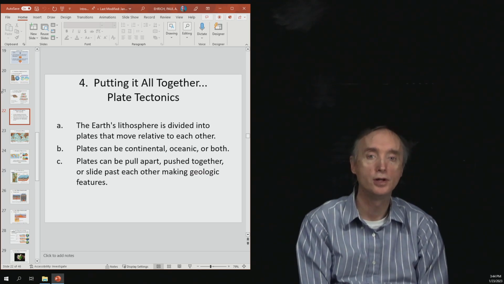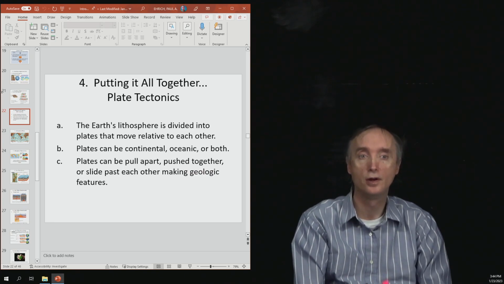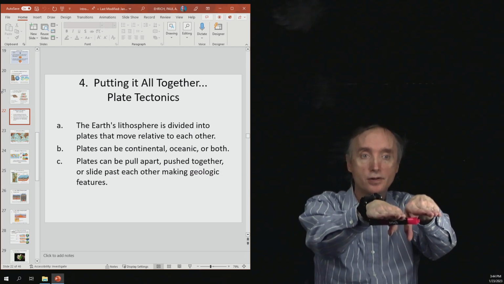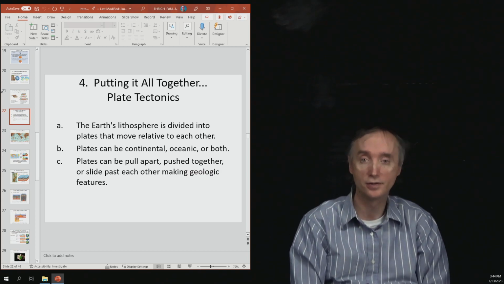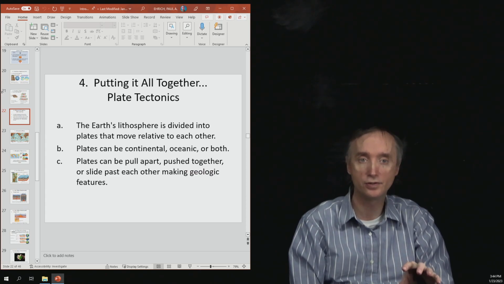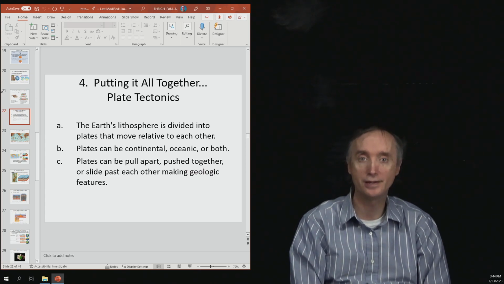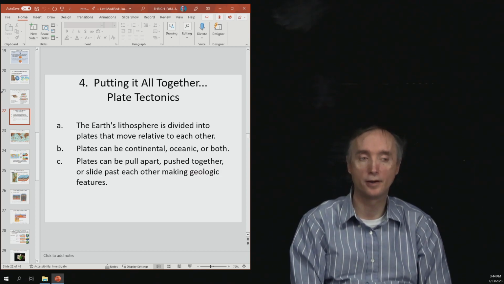Then we also talked about seafloor spreading, at certain parts of the Earth where the plates are moving away from each other. So that's seafloor spreading. So now we're going to take those two concepts, put them together, and incorporate them into the concept of plate tectonics. So there's three basic ideas for plate tectonics.